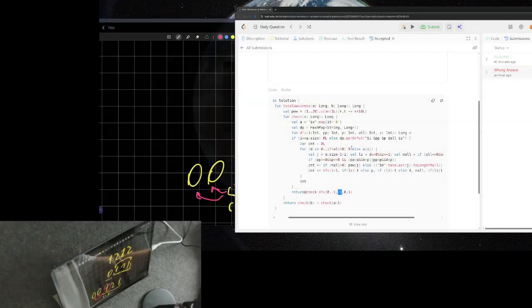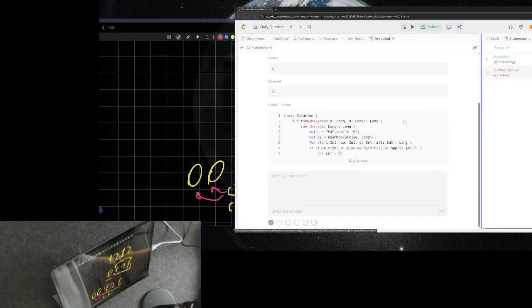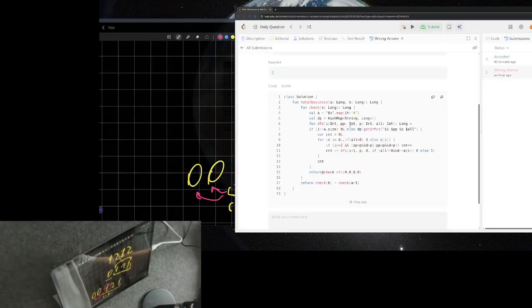Okay, the idea on the surface is that you just use dp over digits, but as I told you, how you count these values is not trivial.